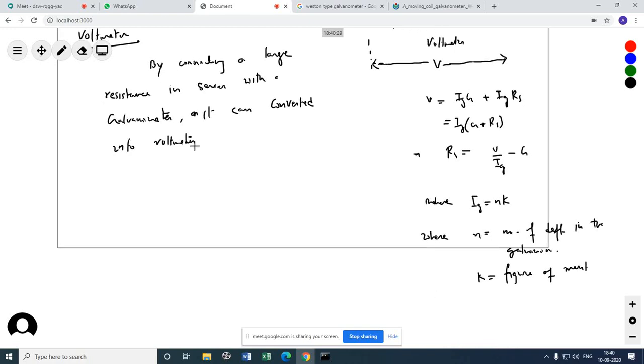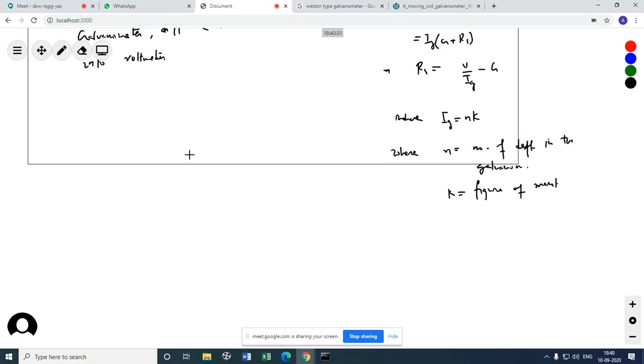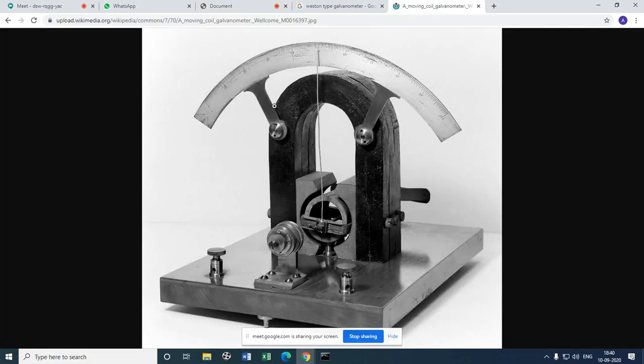Example, if the galvanometer has 30 deflections, look at this picture.